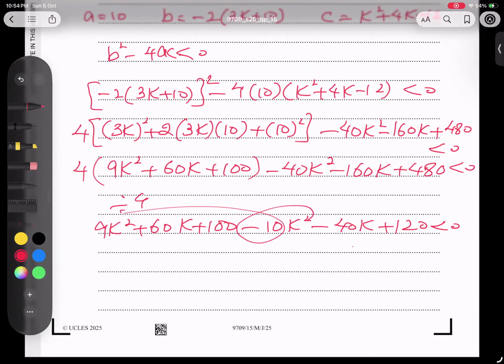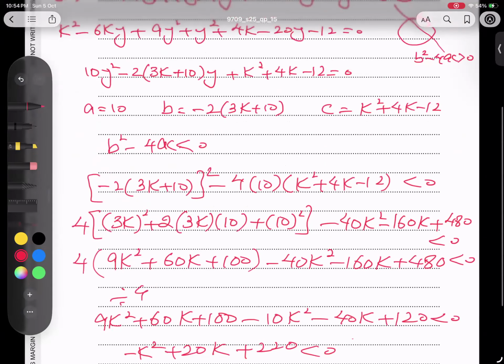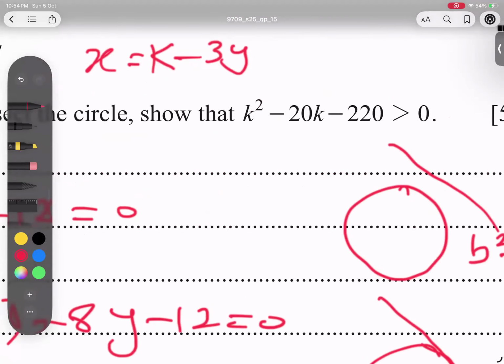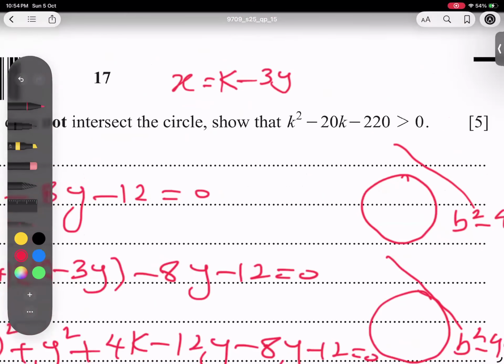So this and this will give us negative k squared, this gives us plus 20k, and this gives us plus 220, less than 0. And what is the task? Our target is k squared minus 20k minus 220.